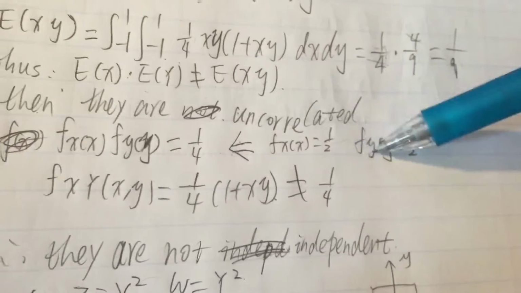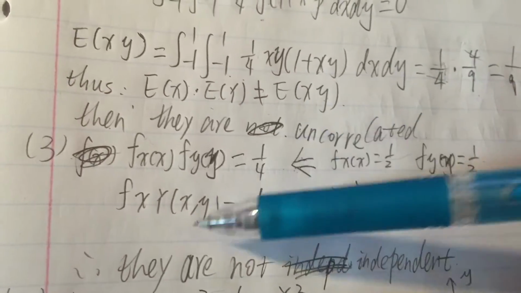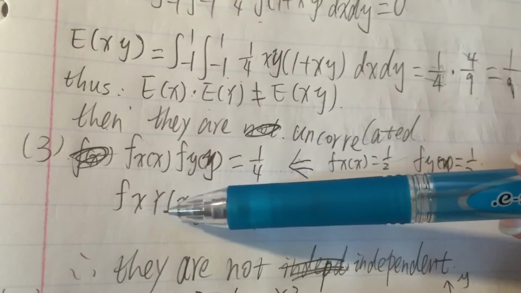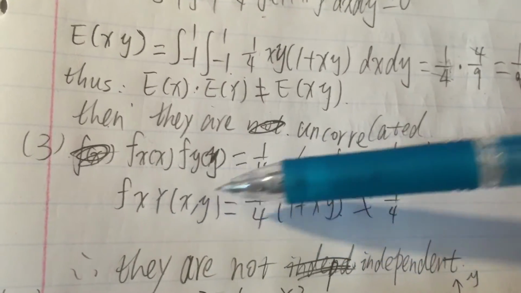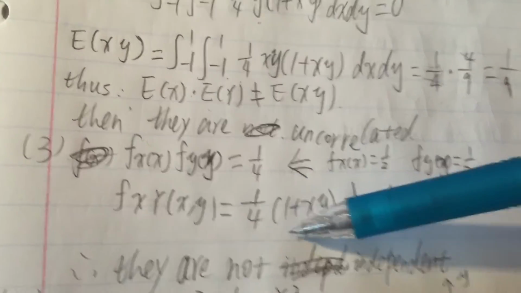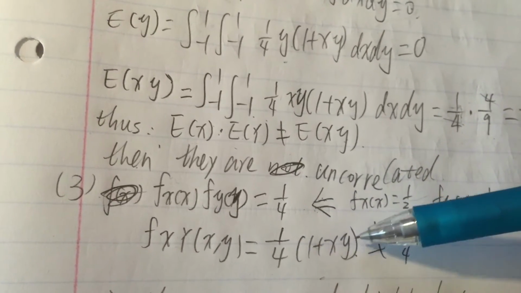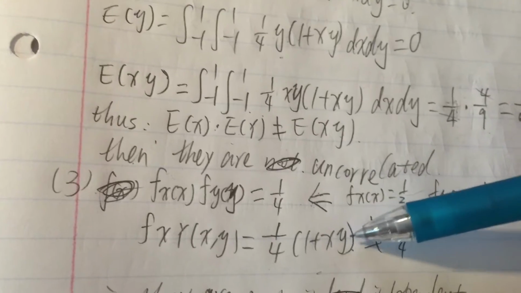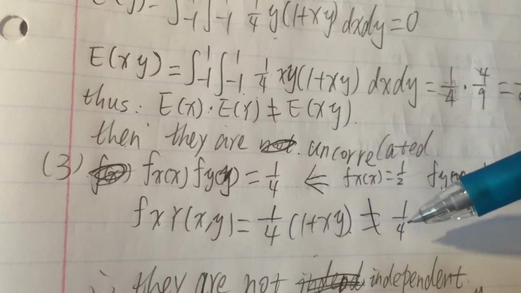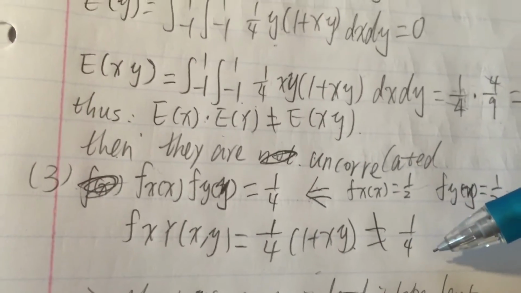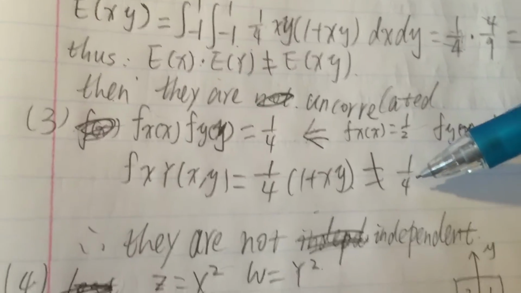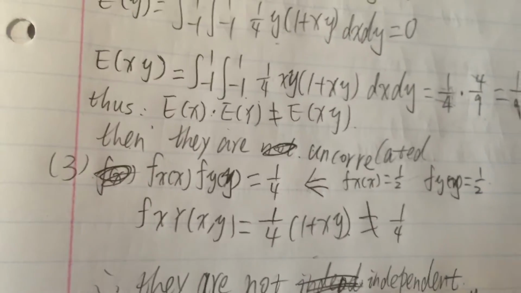Multiplying these together gives 1 over 4. But for the joint density function of x and y, the answer is 1 over 4 times (1 plus x times y), which means this cannot be 1 over 4. So they are not independent.